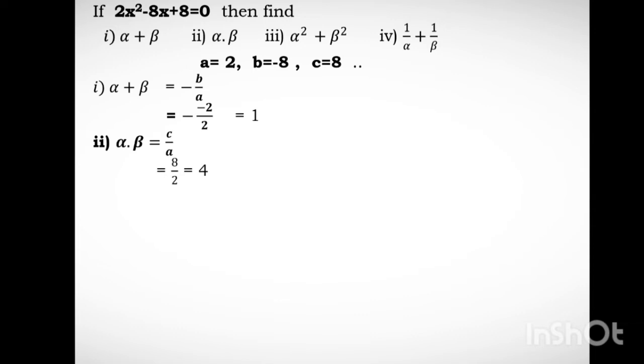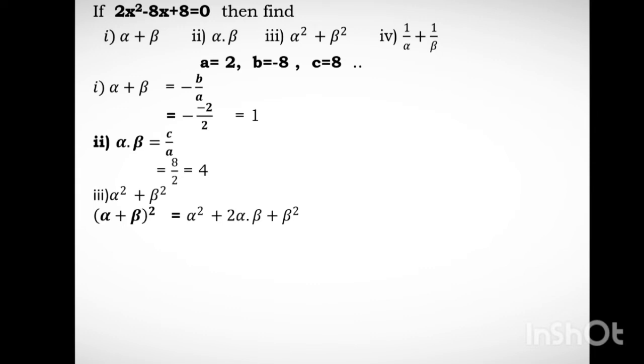Let's go for the next expression. We have alpha square plus beta square. You have to note down here, it is alpha square plus beta square, not alpha plus beta whole square. We need to do something here, that is, we use the a plus b whole square formula. Alpha plus beta whole square is given by alpha square plus 2 times alpha into beta plus beta square.